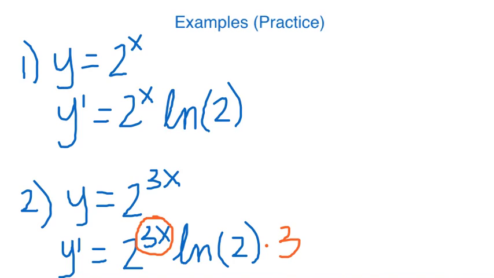So all together, we just have 3 times 2 to the 3x times the natural log of 2. And we could clean that up a little bit, but that's the derivative.